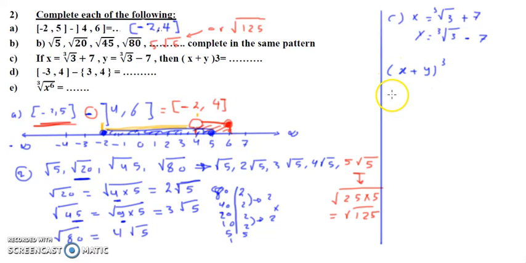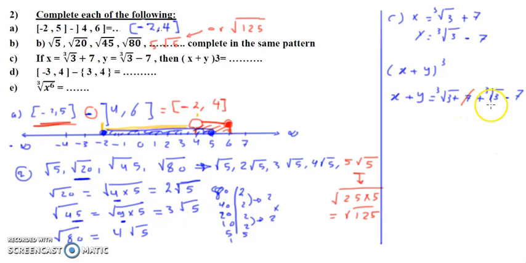So first we will find x plus y, which equals cube root of 3 plus 7 plus cube root of 3 minus 7. As you know, a number plus its additive inverse will be 0.